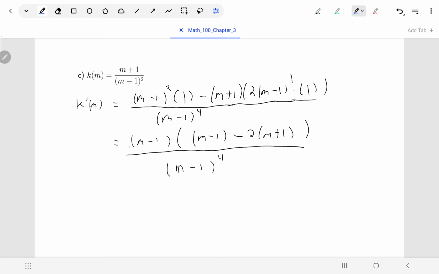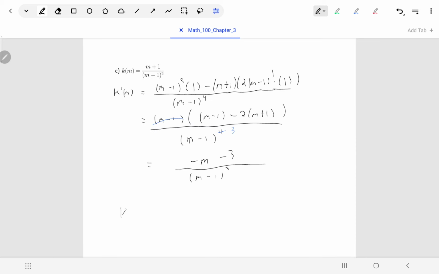And a little bit of canceling. And then just to finish my simplifying, so now I have m minus 1 cubed in the denominator, and in the numerator I'll have m minus 2m, which is minus m. I'll have negative 1 minus 2 more, which is minus 3.